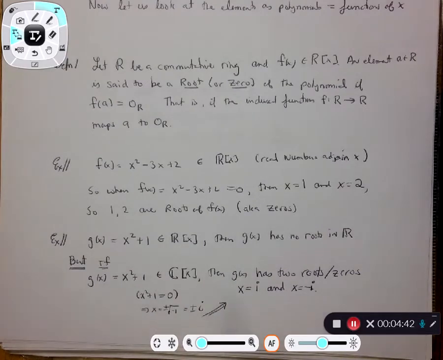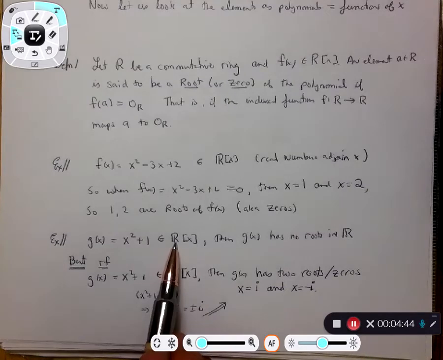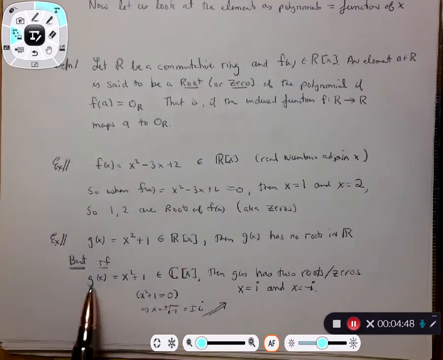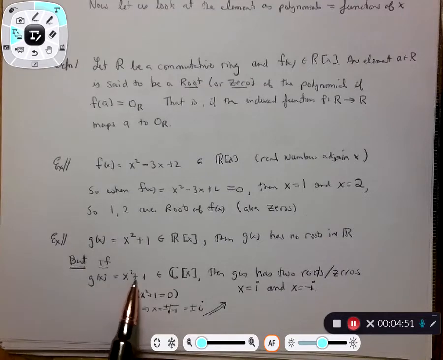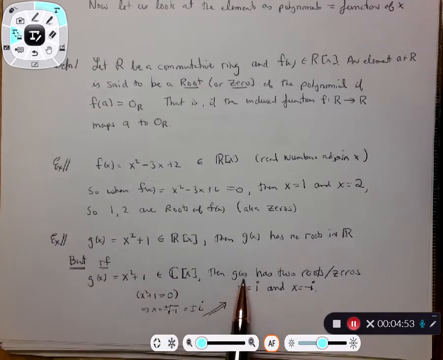However, if you change the world of the field you're playing with, instead of the reals, let's talk about the complexes. So if g of x is equal to x squared plus 1, then g of x has two roots, also known as zeros, i and negative i. And just to remind you, x squared plus 1 equals 0 means that, subtracting 1 from both sides, x squared equals negative 1.